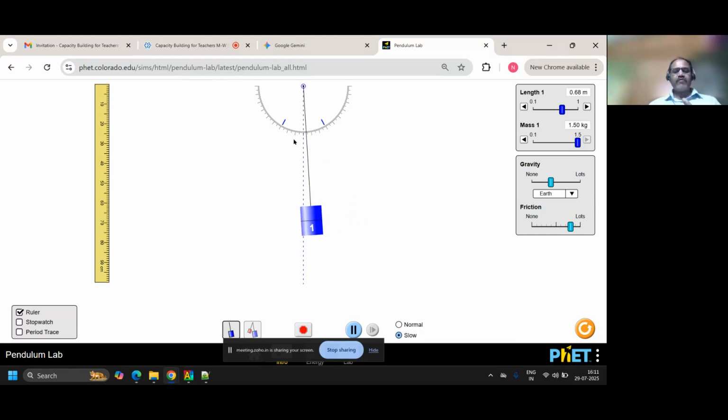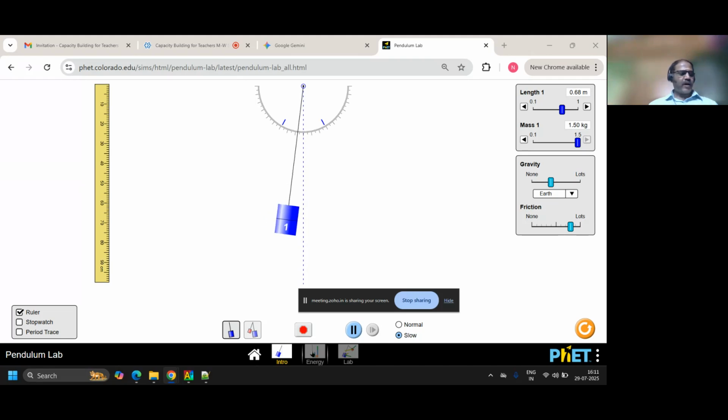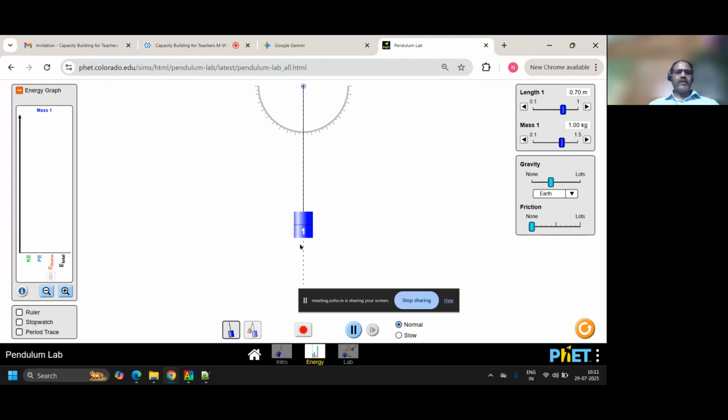So this is the first part in the pendulum. Now the same thing I am going to show you here. This is the energy lab. In this energy lab, I just clicked on the same pendulum.